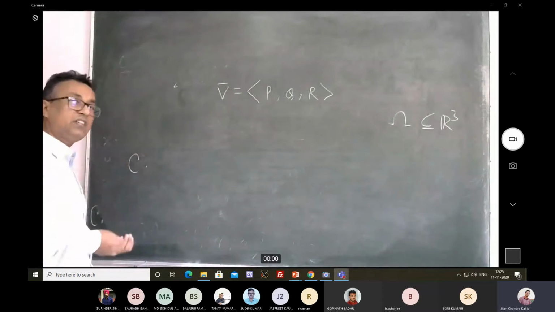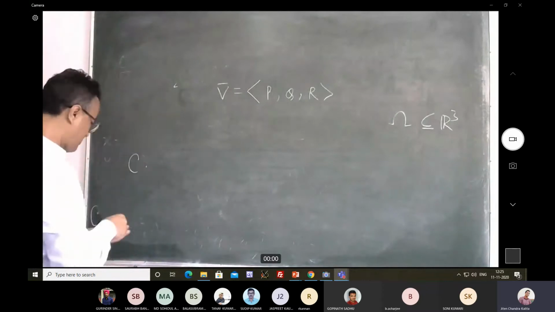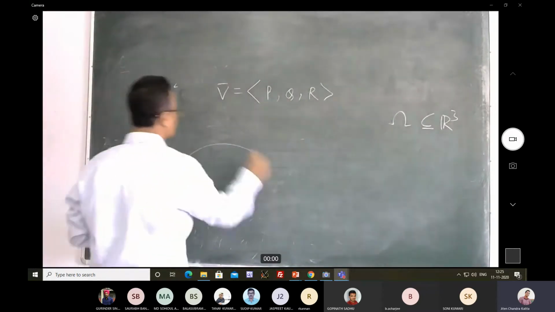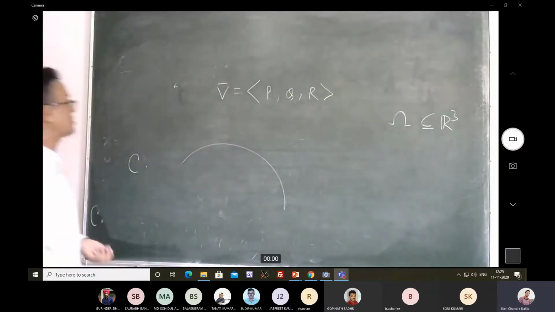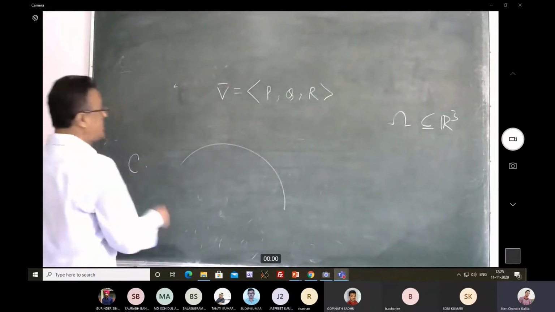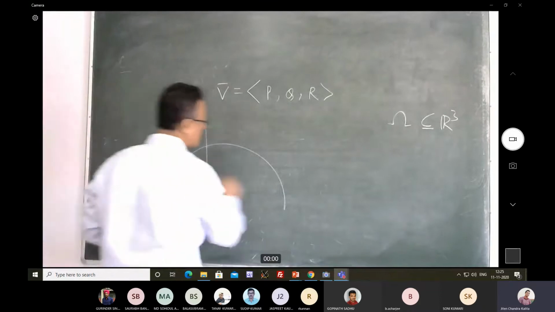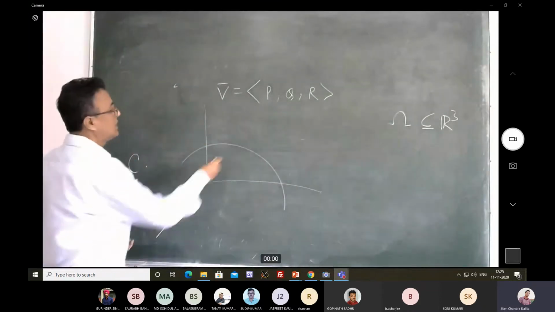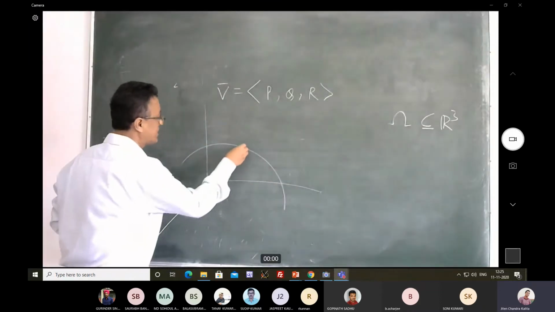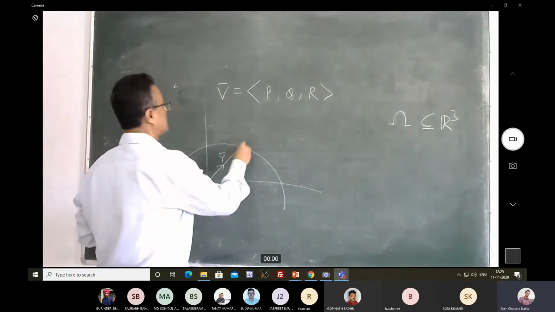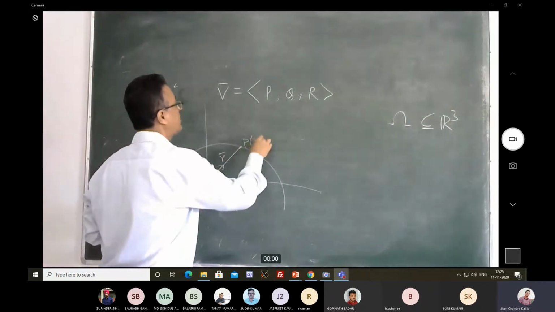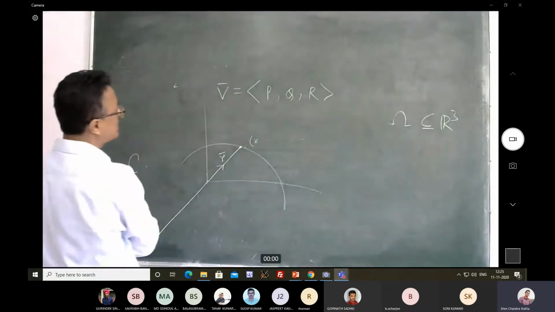If C is the integral curve corresponding to this vector field V, suppose C is something like this. Suppose this space curve is defined through, at each point, sorry, should I use P here?